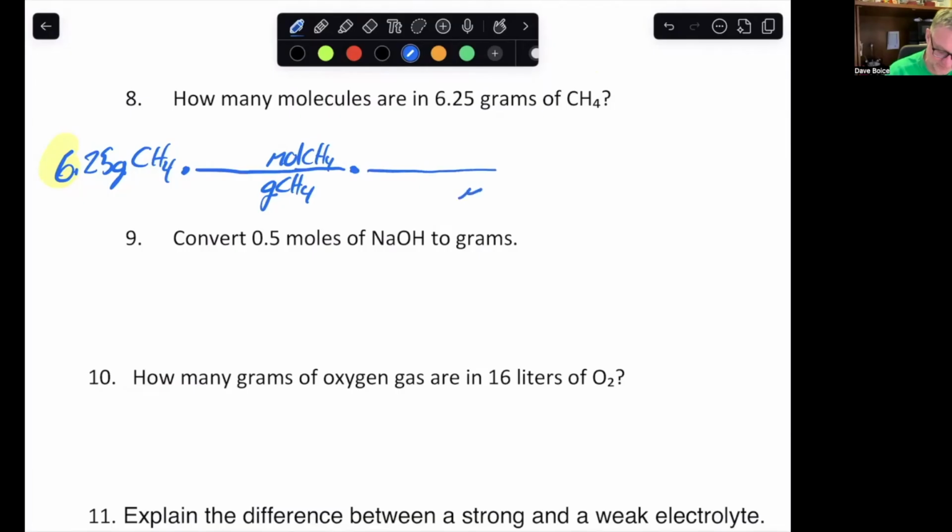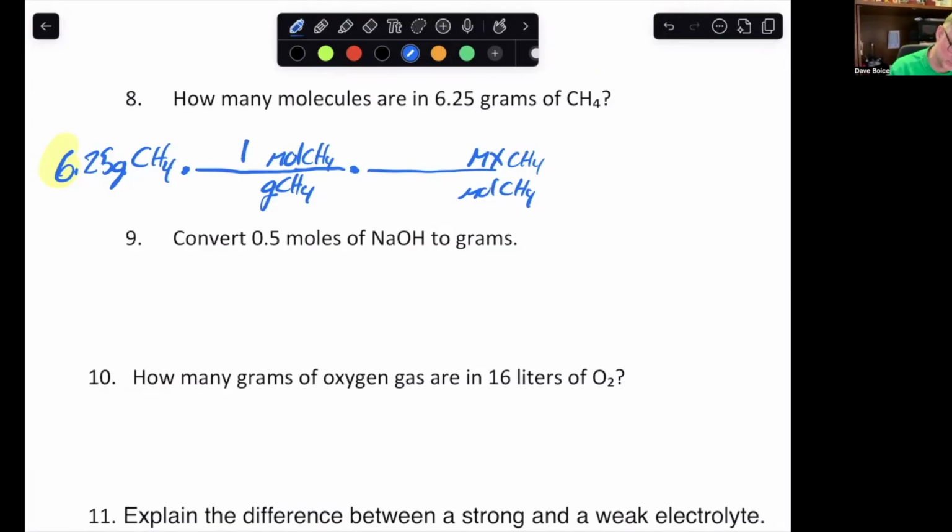And then I bring down moles of CH4 to molecules. Personally, I like to use MX as an abbreviation for molecules so I don't confuse it with moles or molarity or something like that. Molecules of CH4. Okay, and so now I'm happy with this. I'm going to go from grams to moles and moles to molecules.